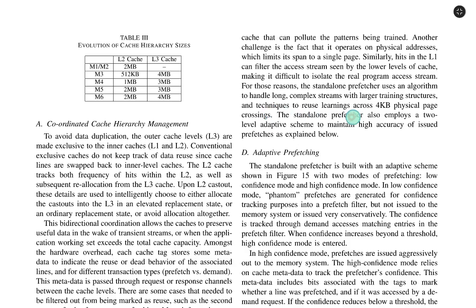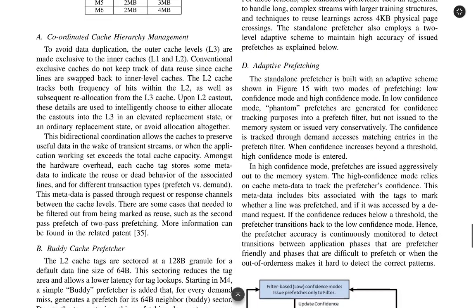The standalone prefetcher also employs a two-level adaptive scheme to maintain high accuracy of the issued prefetches, as explained below. D. Adaptive prefetching. The standalone prefetcher is built with an adaptive scheme shown in figure 15 with two modes of prefetching, low confidence mode and high confidence mode.